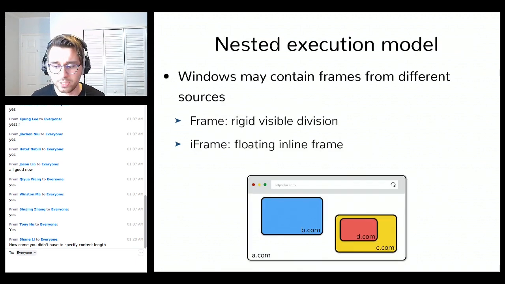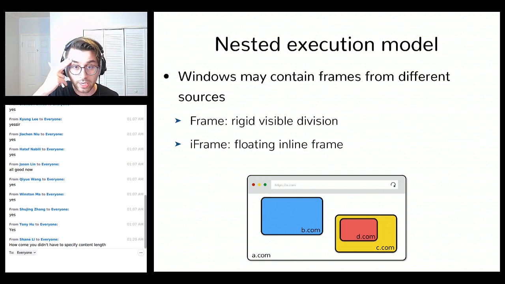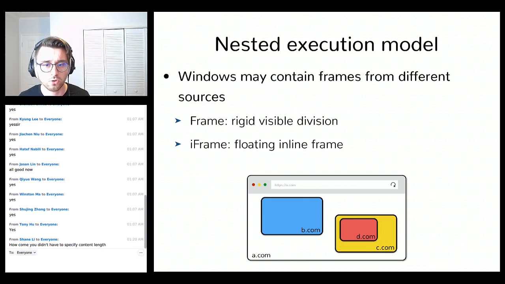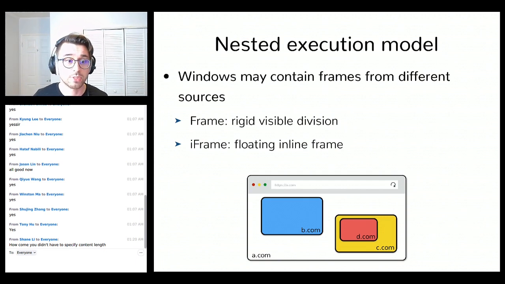The browser is different from the previous execution models that we've looked at, in that it has a nested execution model, right? So each window or page can contain subpages within. These are called frames. These frames can be from totally different sources. So it can be from a very different server.